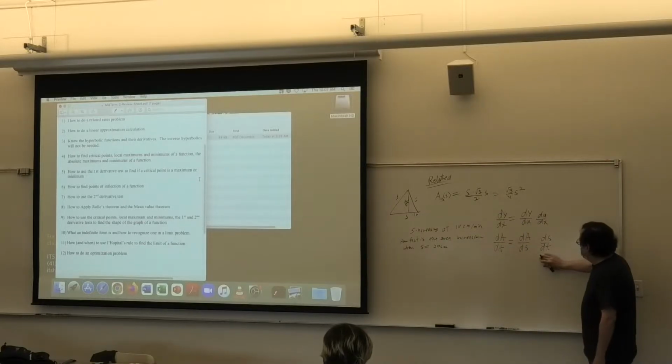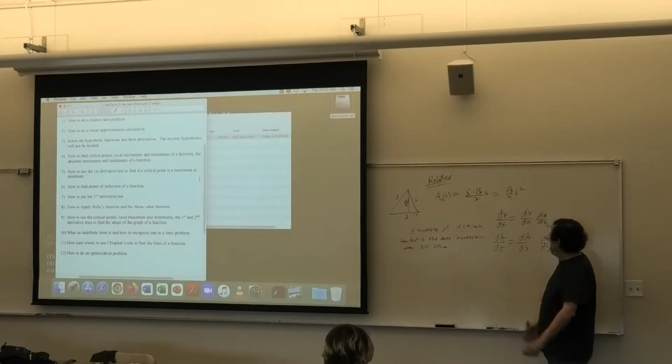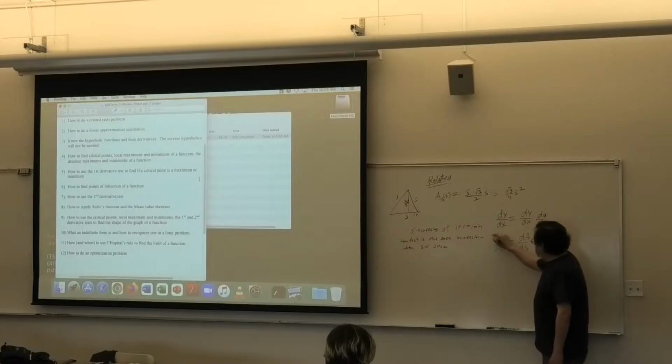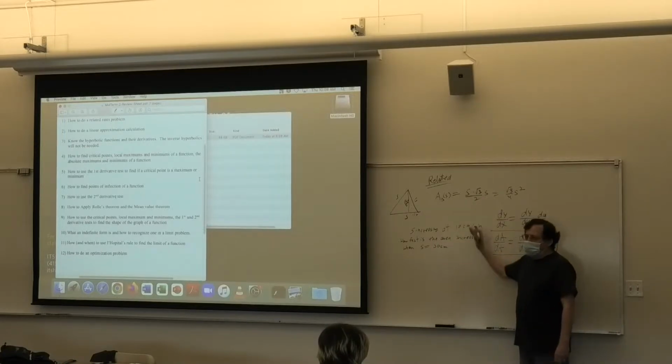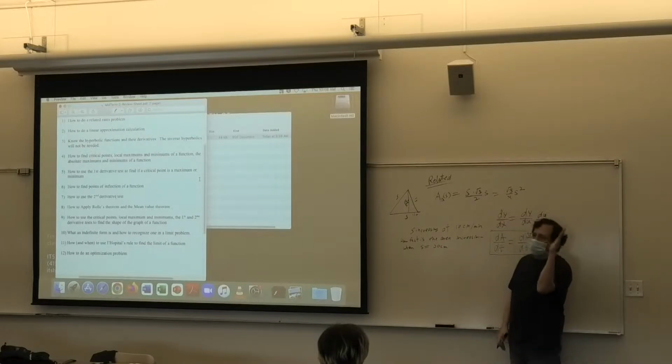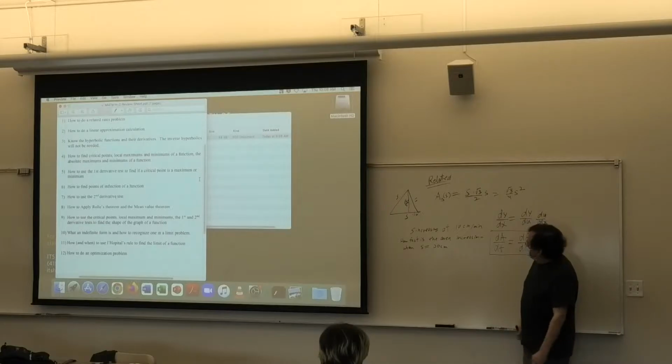So we need this to get this. That's the way to look at these things. Even if the problem is completely different, it can be a ladder sliding, it could just be some numbers changing.